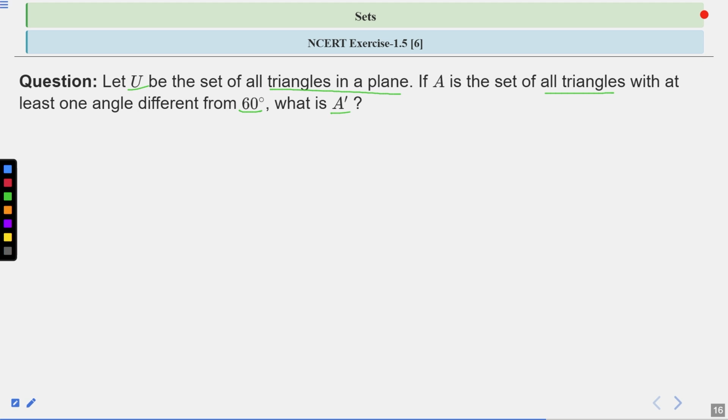You have the universal set, the collection of all triangles, and A as a subset of U, the set of all triangles with at least one angle different from 60. Then find the complement. You'll have some seconds to try this problem, then afterwards we will move to the solution slide. So your time starts now.